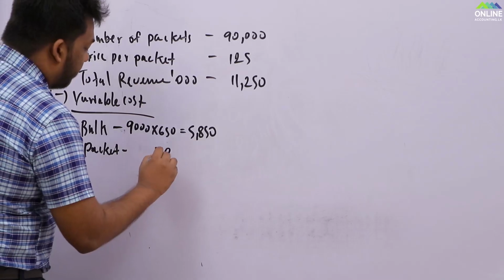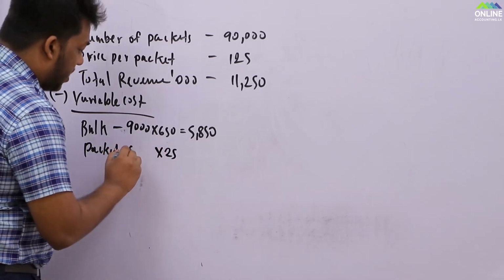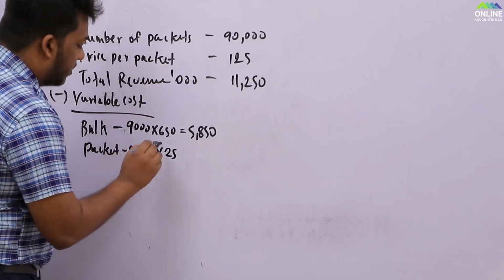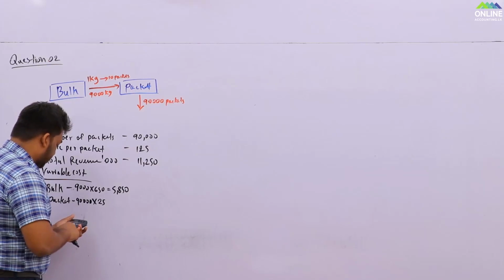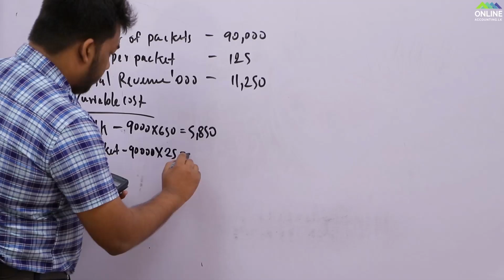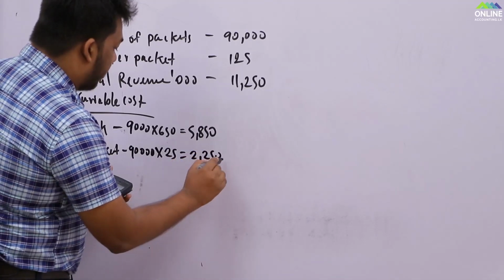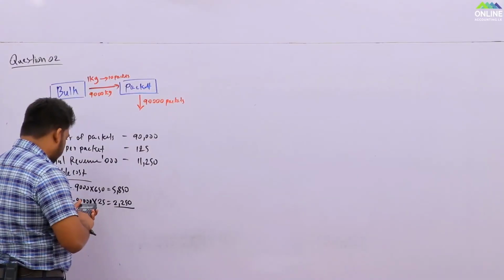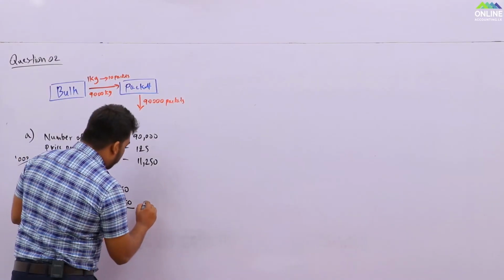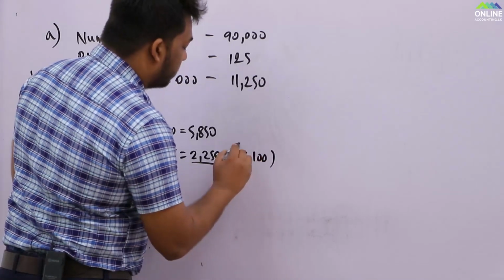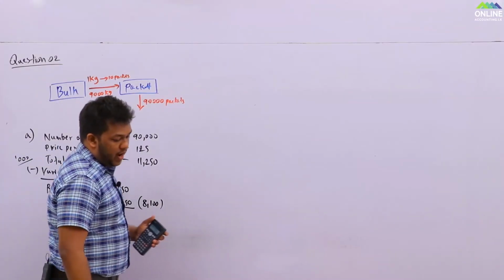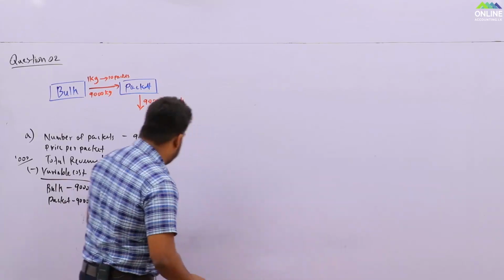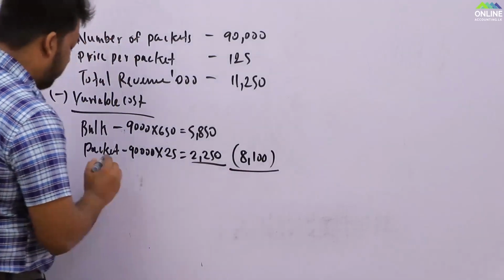How many packets? 90,000 packets. 2,250,000. So the total variable cost is 8,100.